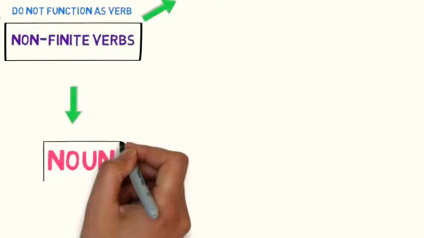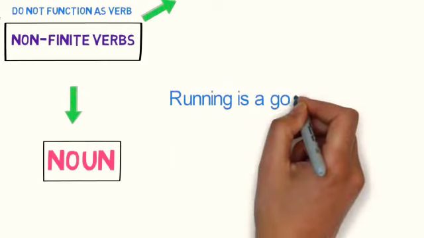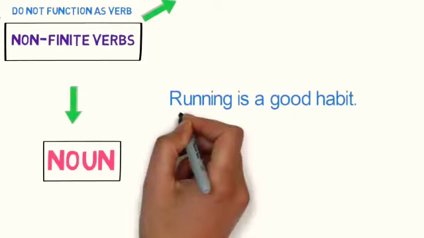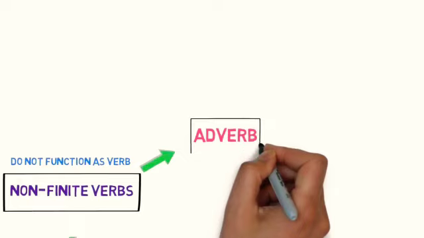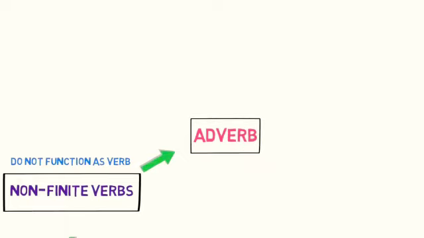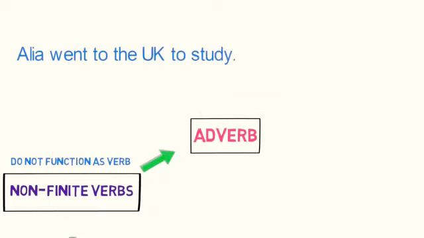Now let's understand how they function as a noun with an example. Running is a good habit. Here, running functions as a noun in the sentence. Now let us understand how they function as an adverb with an example. Alia went to the UK to study. Here, study functions as an adverb in the sentence.